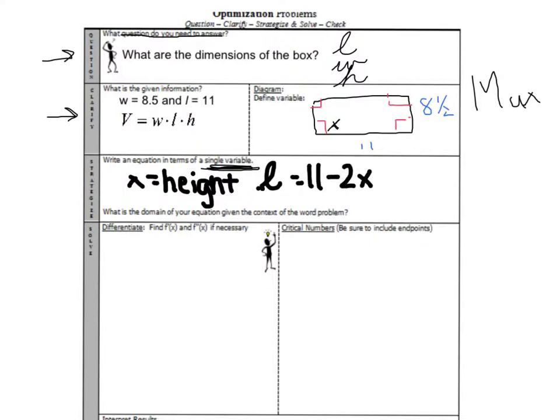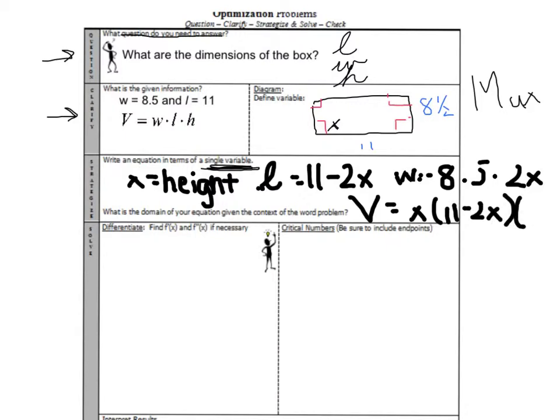So the length will be 11 minus 2x, and the width is going to be 8.5 minus 2x. Okay? So our equation for volume is going to be x times the quantity 11 minus 2x times the quantity 8.5 minus 2x. Oh, I'm running out of room, aren't I? There we go. Okay. Well, great.